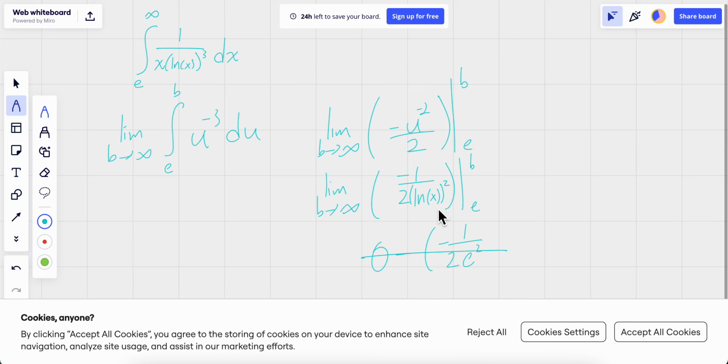Same thing, right? If you plug in b into that, you'll have a minus 1 over 2. Well, ln of infinity is already infinity. You have infinity squared, that'll give you 0.